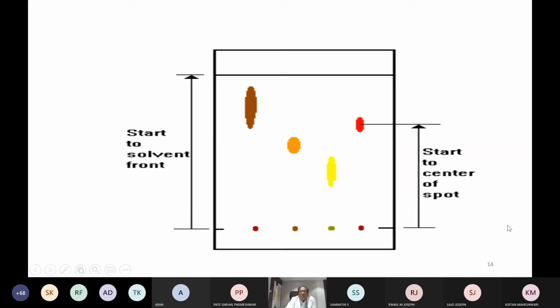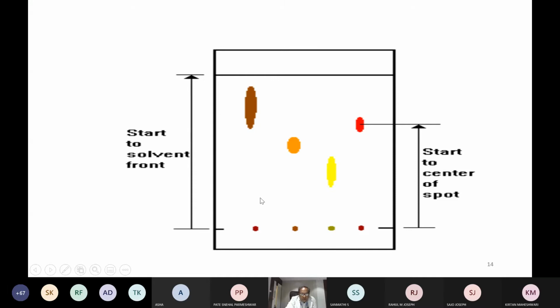So you can just look here. This is a Whatman paper. It will be dipped to some extent into a reagent or solvent. Over a period of time, this liquid will start being absorbed by the filter paper and starts moving up.